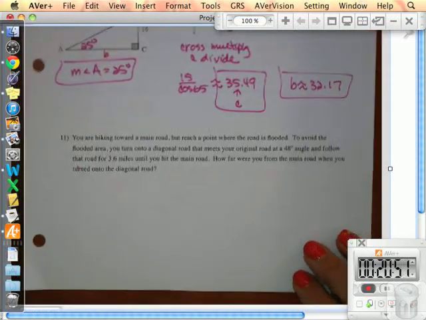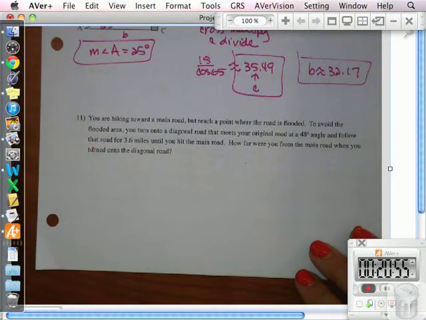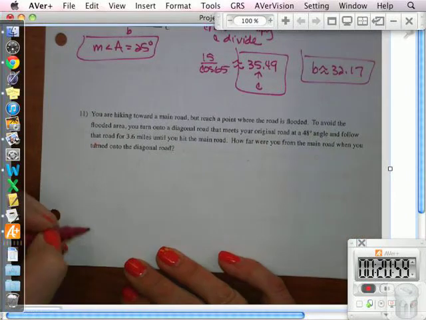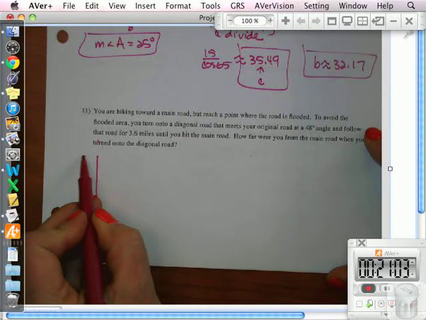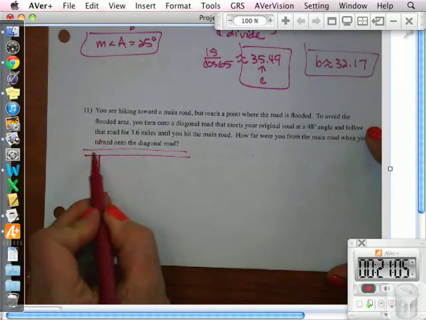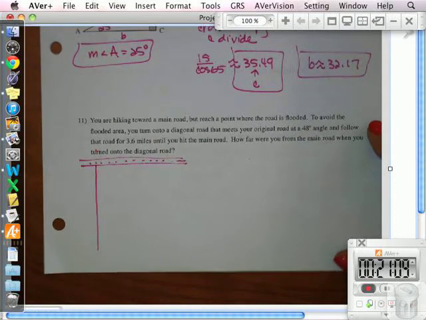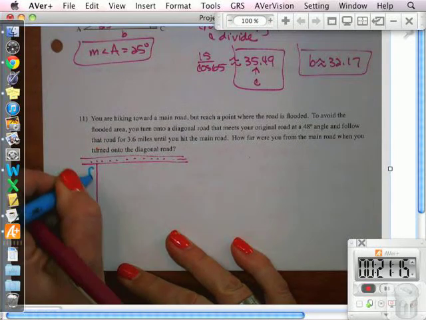Okay, you're hiking towards a main road, but reach a point where the road is flooded. Okay, so I just started to draw a picture. Here I'm hiking towards a main road. Here's my main road. I hit a flood.